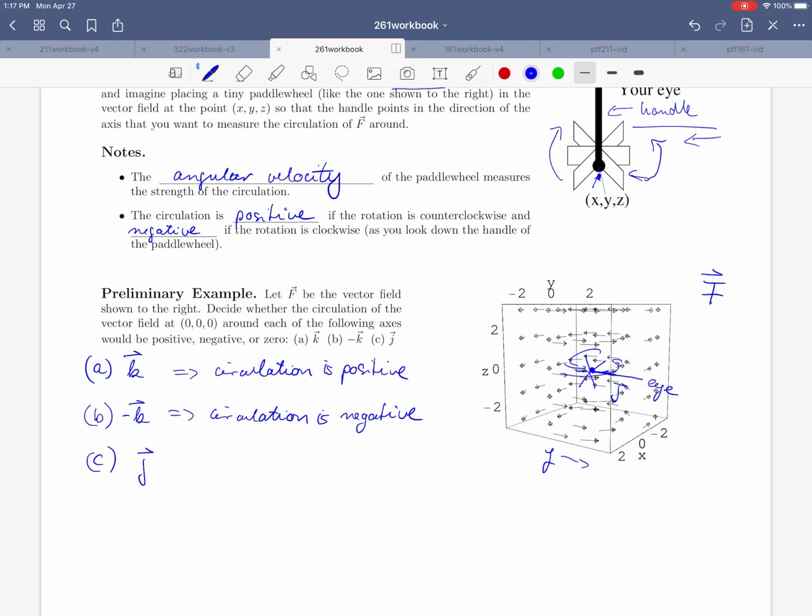And so you can see that there is not going to be any pushing of those pedals. So the circulation is 0. Okay, so you can see, even though we're looking at the same vector field and we are placing the pedals at the same point, depending on what direction the handle is pointing, so depending on which axis we want to measure the circulation about, we get 3 different answers.